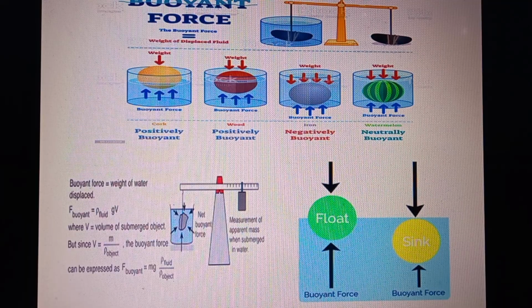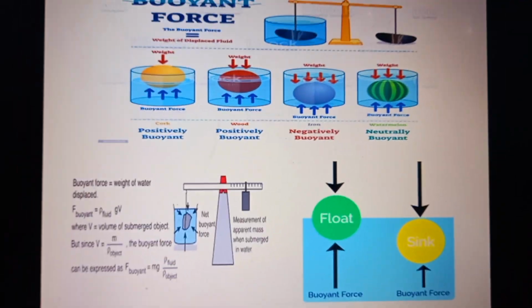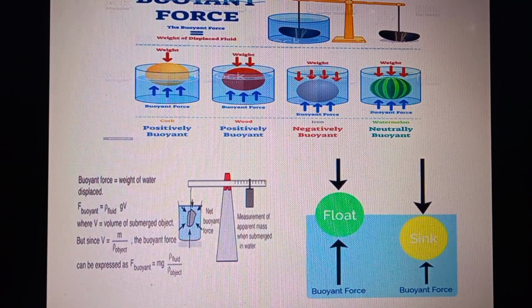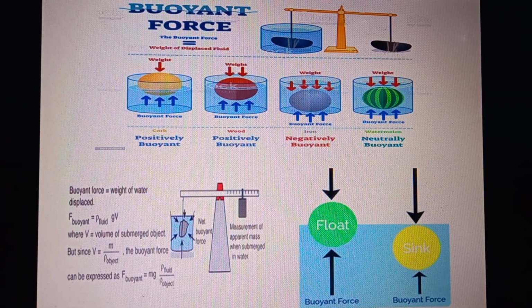That is why the buoyant force can be expressed through these principles, which are connected to Archimedes' principle. Now we understand why some objects sink, why some objects float, and why some objects are fully or partially submerged. So there are reasons behind this. Now we will continue to Archimedes' principle.